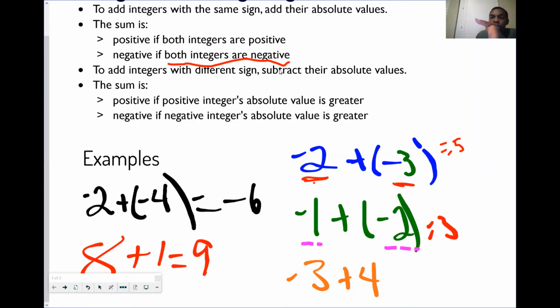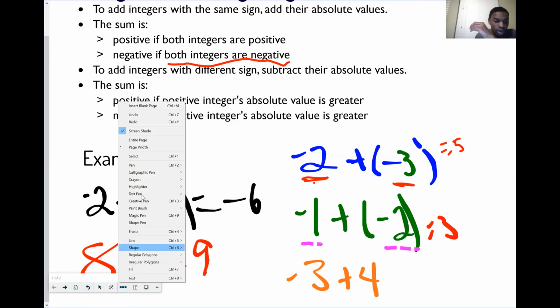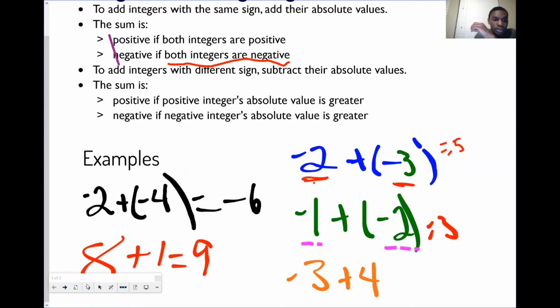Well, according to our rule right here, since these two are negative, it's going to be negative.